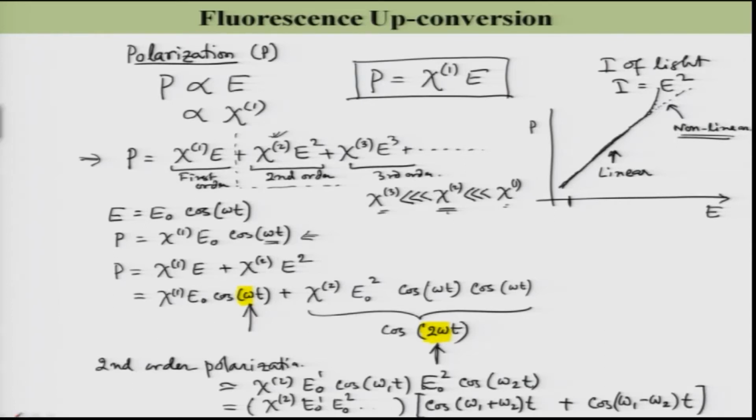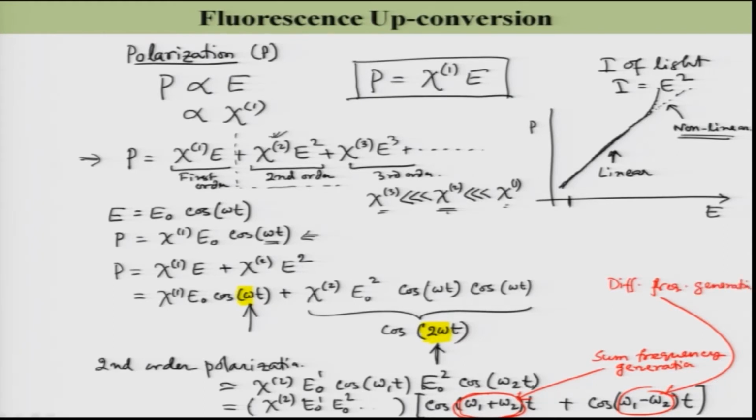So, you note here that this term is the summation of these two frequencies, and this is called sum frequency generation, and in this case it is just a difference. So, this is known as difference frequency generation.